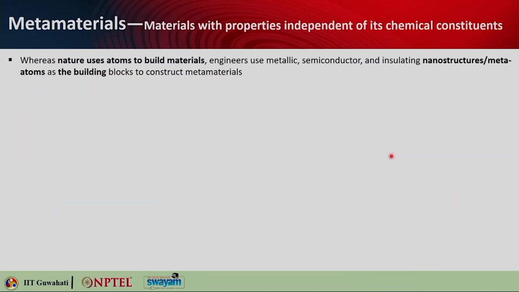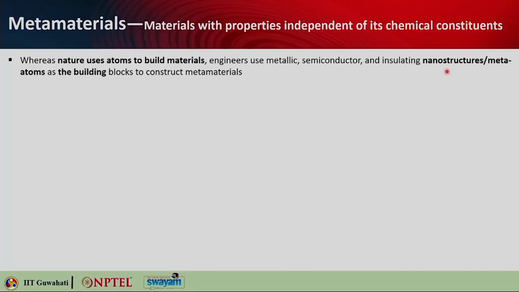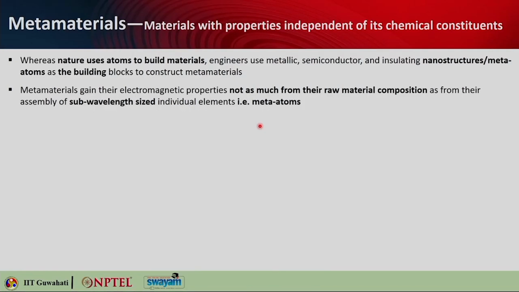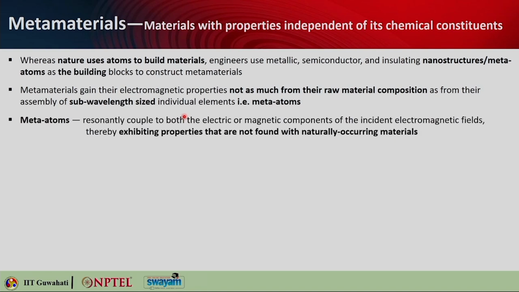So nature builds materials using atoms. Engineers can build metamaterials using metallic, semiconductor or insulating nanostructures as meta atoms. Metamaterials gain their properties not so much from their raw material composition, but mainly from their sub-wavelength sized individual elements, which are meta atoms.